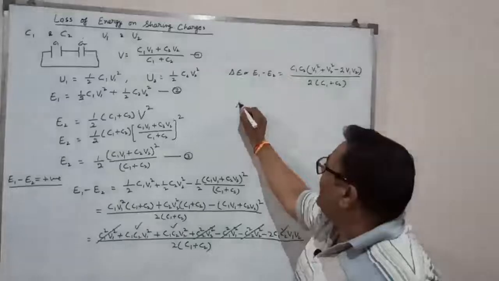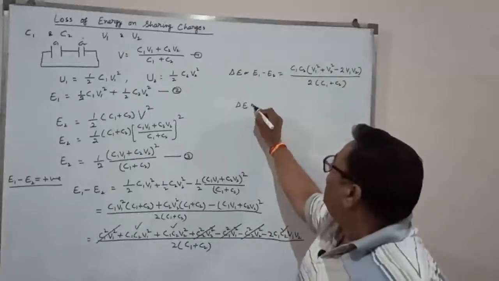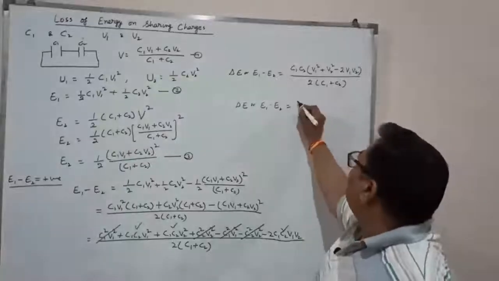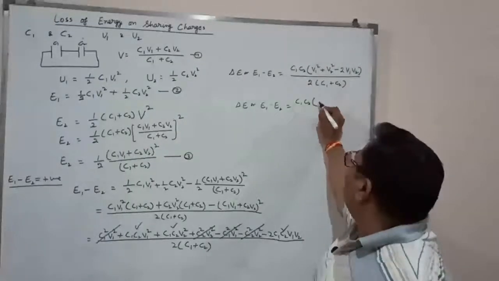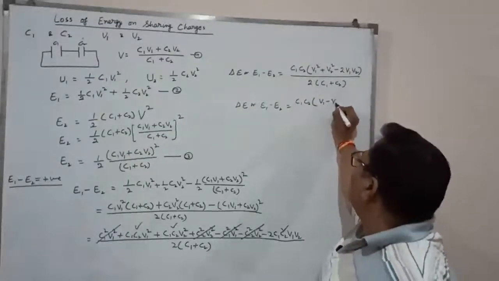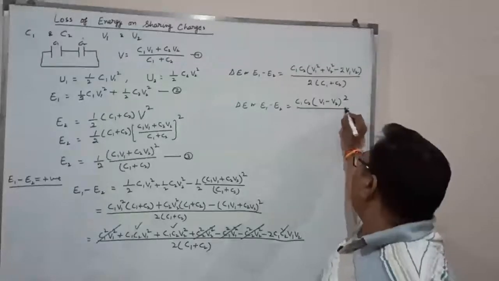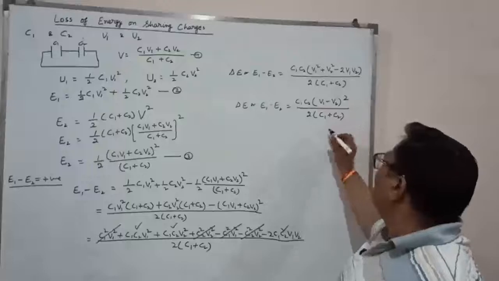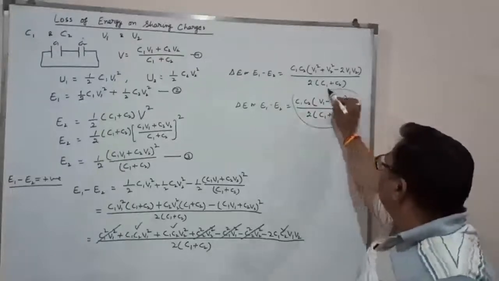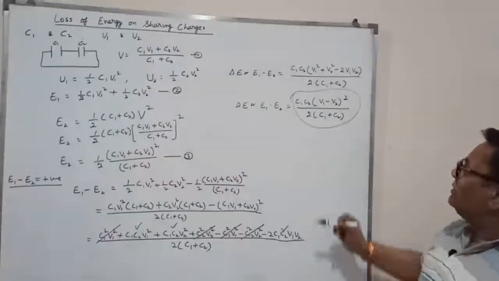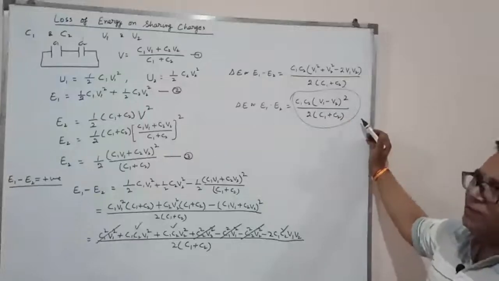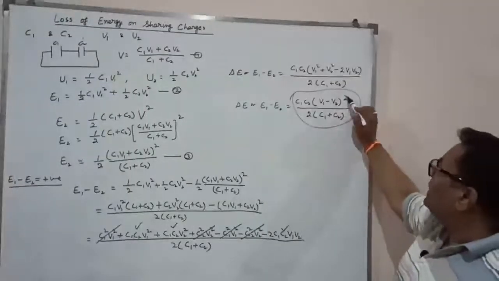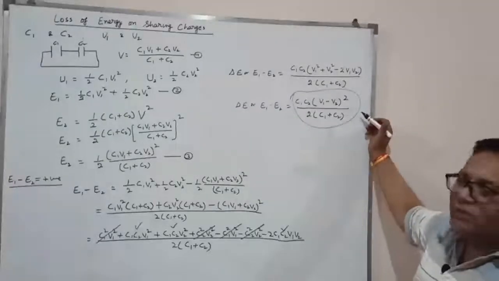Or delta E, or E1 minus E2, is equal to C1 C2 (V1 minus V2) whole square upon 2(C1 + C2). This term is positive because capacity cannot be negative, and (V1 minus V2) whole square is also positive.